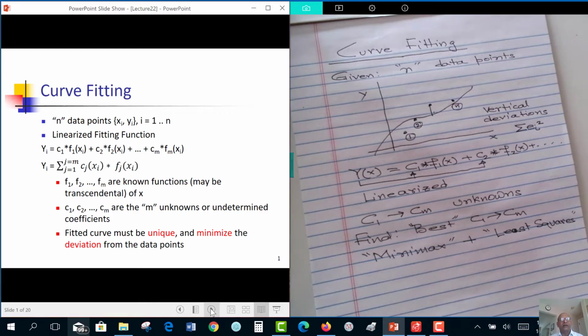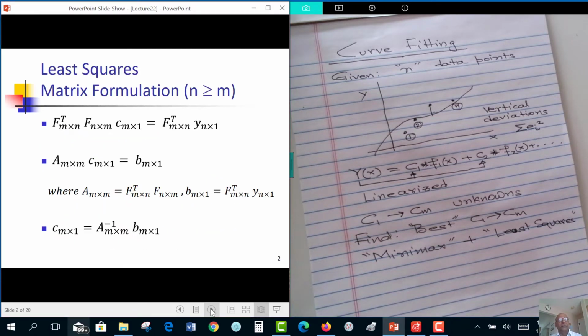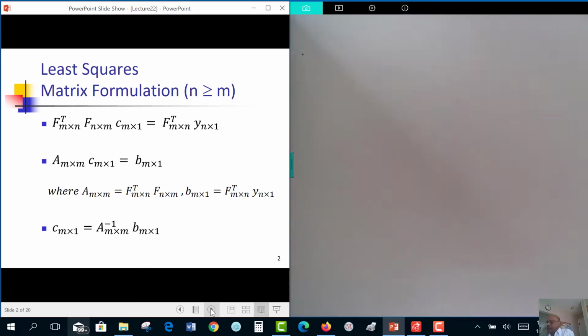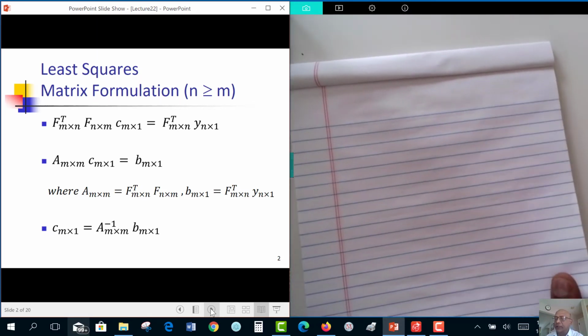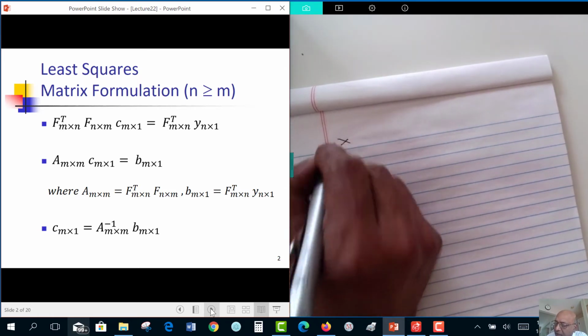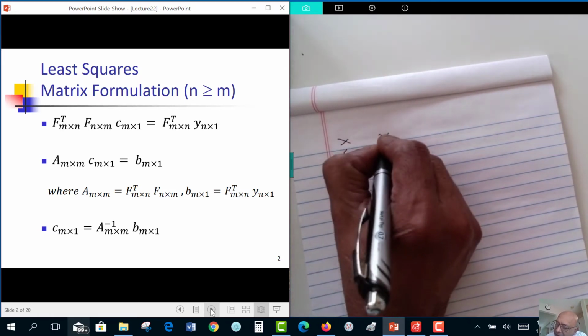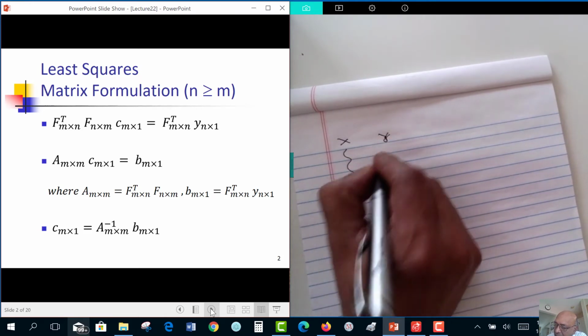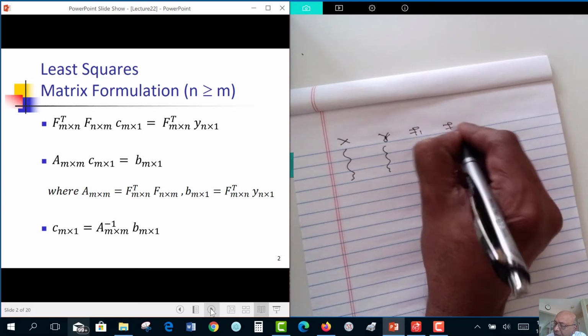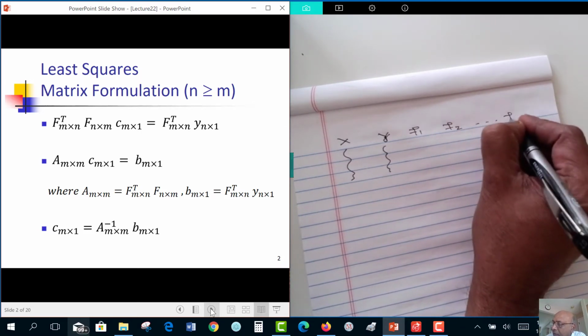And then we did a matrix formulation. In this matrix formulation, all we need to do is tabulate these functions. So we are given x, we are given y, and we are given these functions f1, f2, fm.